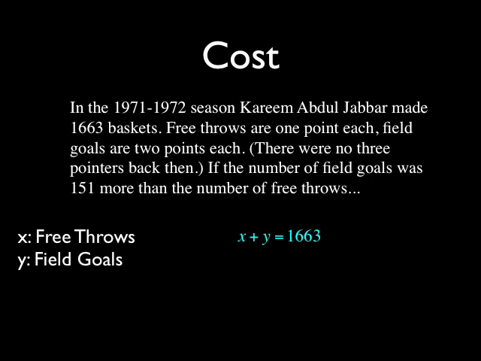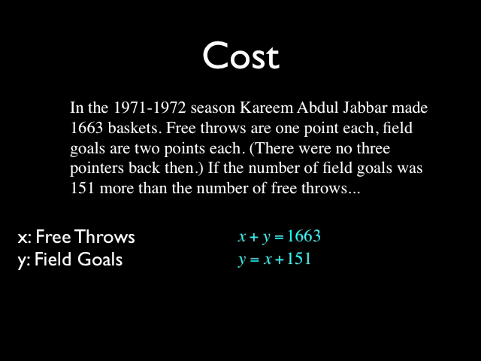So the number of field goals, y, was, that's my equal sign, y equals 151 more than free throws. 151 more than x. So y equals x plus 151. So the first thing I do is make a key, and the second thing I do is read the paragraph very carefully to get my equations. If I have two variables, I need to have two equations.